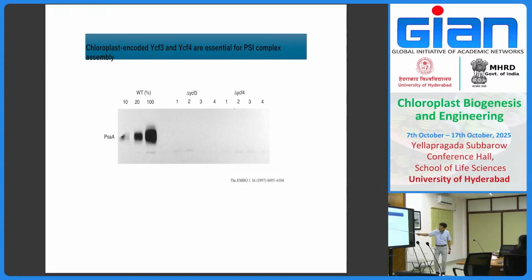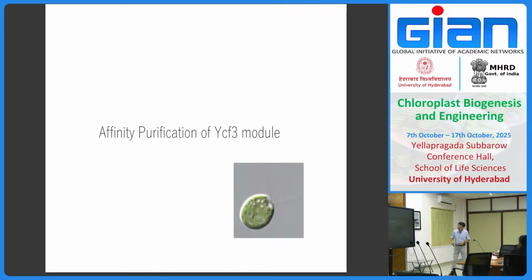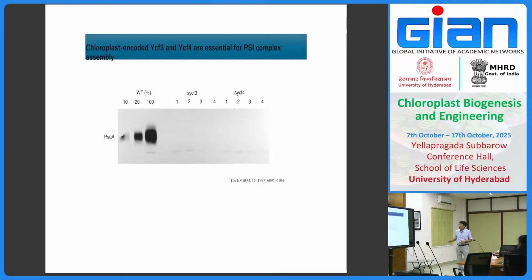Even at the 10% level we could still detect the signal, but it's much less than 10%. So it's almost nothing accumulated. No PS1 accumulated. Okay. So yesterday I talked about this, but we don't know how YCF3 or YCF4 act in the assembly or post-translational event of PS1. We don't know.